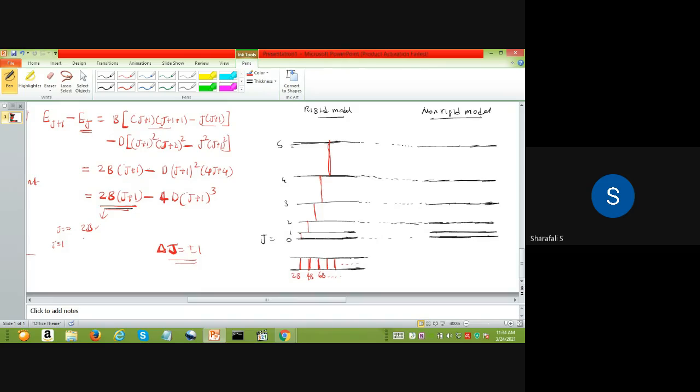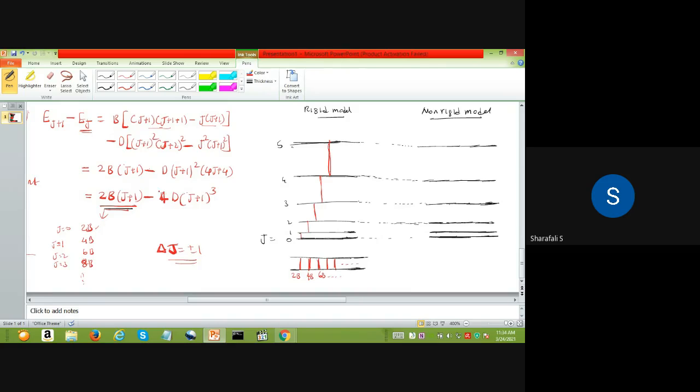If you are considering only rotation, which means the rigid model, then for J equal to 1 it will be 4B, for J equal to 2 it will be 6B, and for J equal to 3 it will become, sorry, 8B. This is the wave number in the output spectrum.